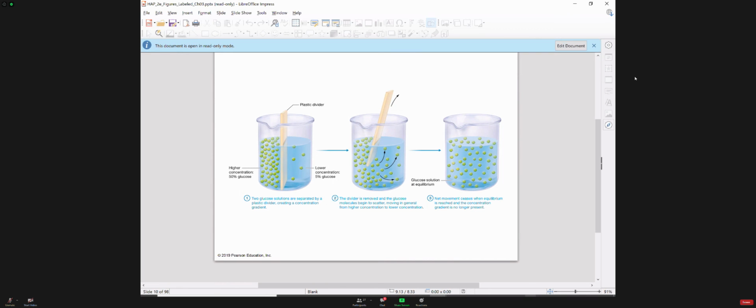We talked about the concentration gradient already. There are three variables to determine how a substance is going to move across the plasma membrane or be transported. We have two parts: passive and active transport. Active transport requires some energy.